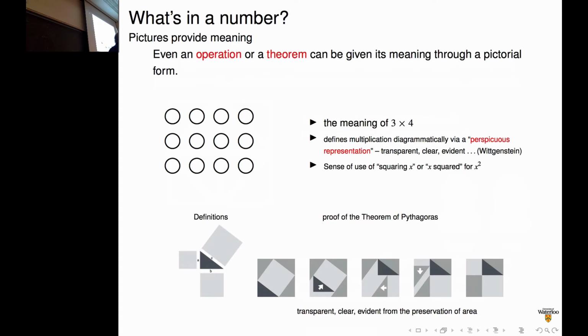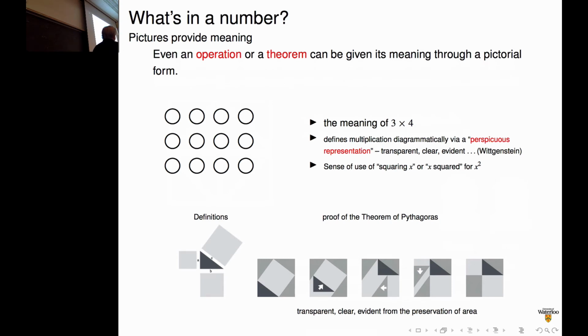Similarly, you have more complex things with just a series of pictures. So here's a proof of the theorem of Pythagoras without any abstract algebra of any sort, by just thinking about this triangle and the areas being preserved as we move triangles about. So this square, this white area, doesn't change its area in any of the pictures.